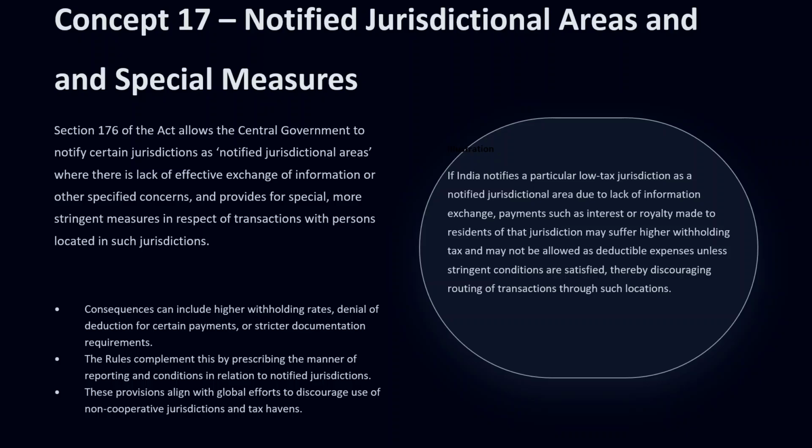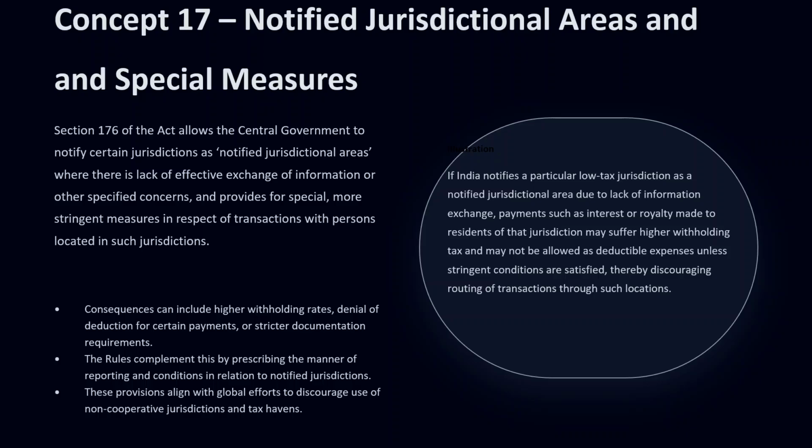It can also include stricter reporting and documentation requirements in those cases. So the rules complement Section 176 by prescribing the forms of reporting, manner of reporting, and additional conditions in respect of transactions with such notified jurisdictions.